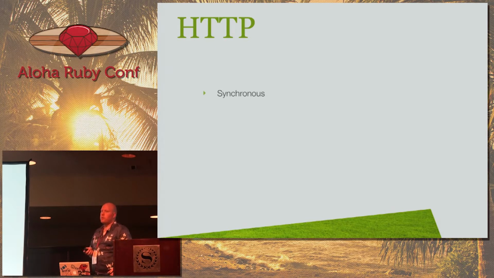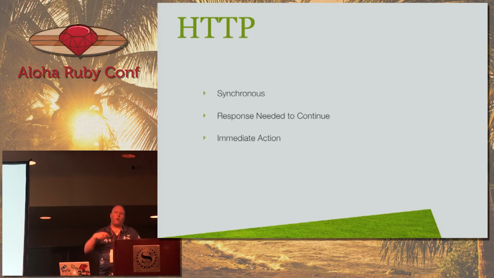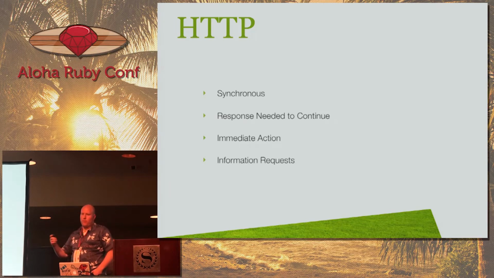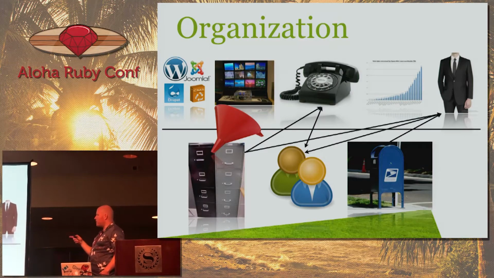So HTTP was really good for us for synchronous calls. If we needed the response before we could go ahead, then this is what we did. We could take immediate action based on what happened on that service. And if we needed information from another service, then we could put that in. So just to sum up what we're dealing with here. In the organization, you can kind of see some of the places where this was called.